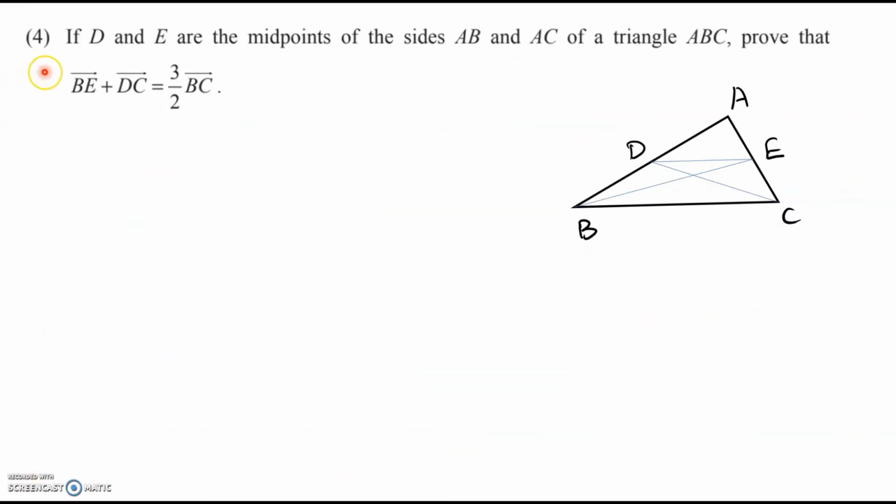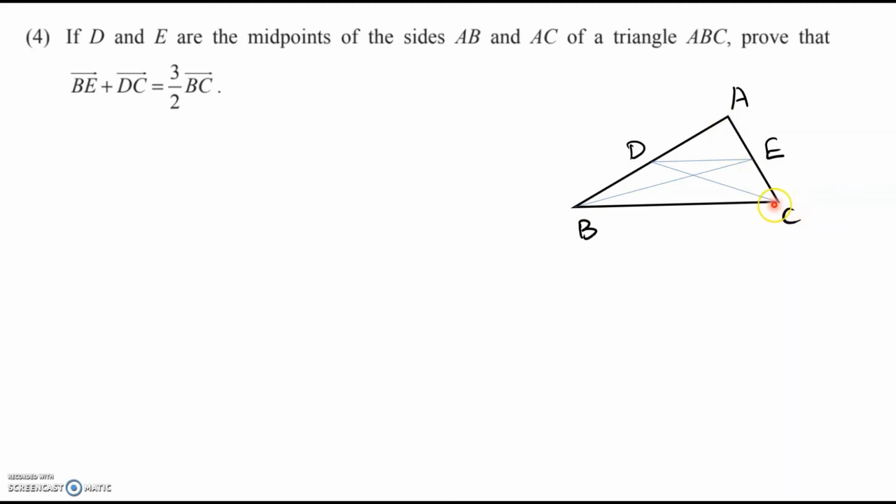Okay, in the next problem, if D and E are the midpoints of the sides AB and AC of a triangle ABC. So we have a triangle A, B and C, and you have D and E as the midpoints. D is the midpoint of AB, E is the midpoint of AC.